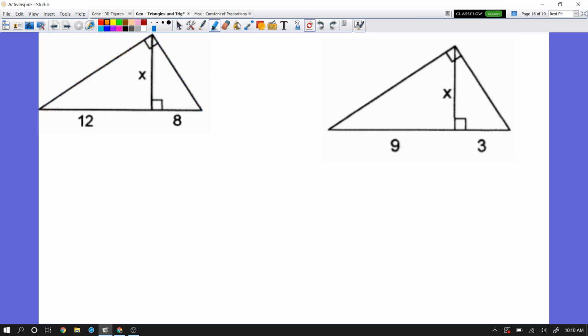Simple way of going about it is what we just did back here with 8 and 18 is what 12 and 8 is. And what we're going to do is find x. So x equals the square root of 12 times 8.